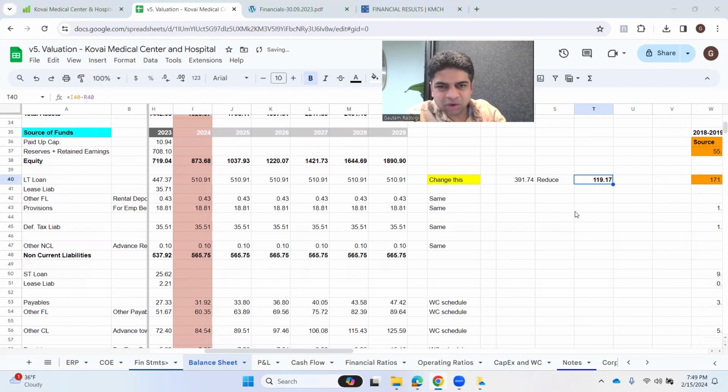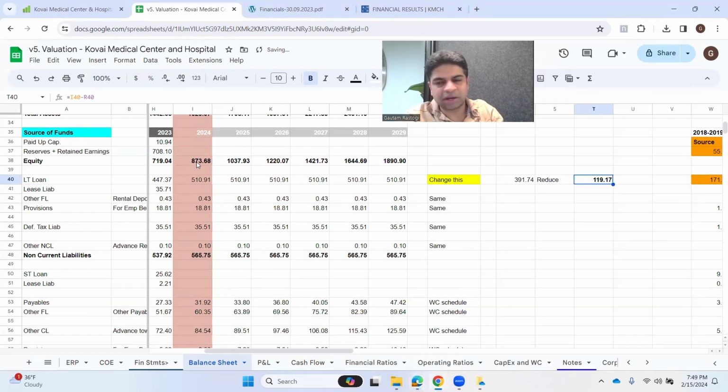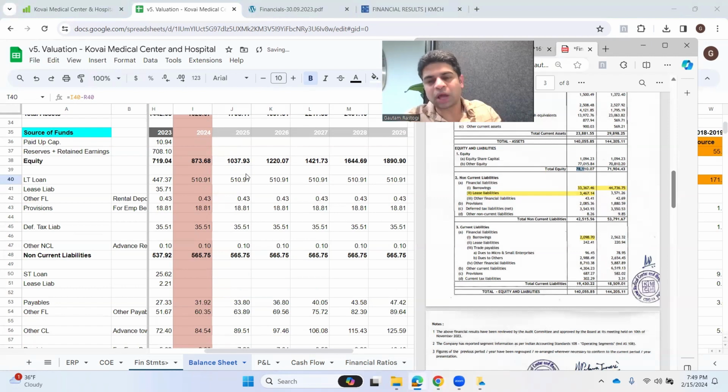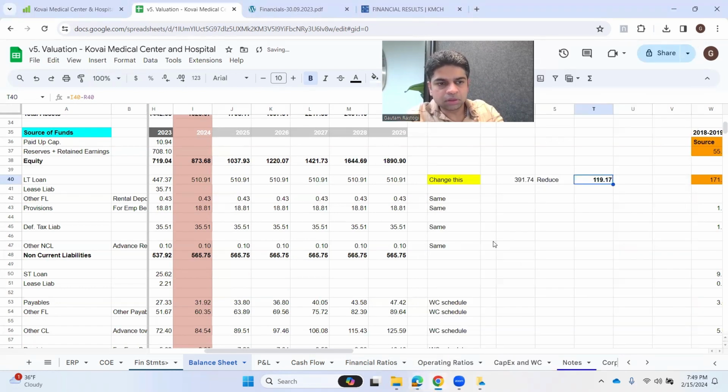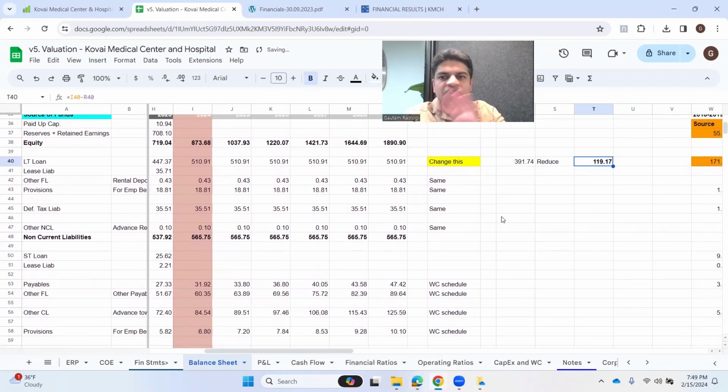Okay, now let's take a look at some of the other items. See, equity, we don't have to worry. Their equity is 781, and ours is 870. That's fine, because again, like cash, equity gets auto calculated. Your profit gets added to equity. So that will be taken care of.